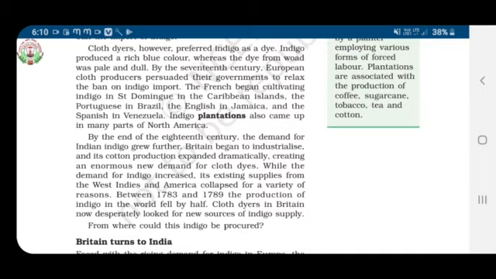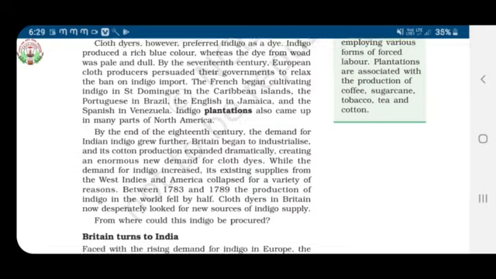By the 17th century, European cloth producers persuaded their governments to relax the ban on indigo import. And they started cultivating indigo in Saint Domingue in the Caribbean islands, the Portuguese in Brazil, the English in Jamaica, and the Spanish in Venezuela. Indigo plantations also came up in many parts of North America.